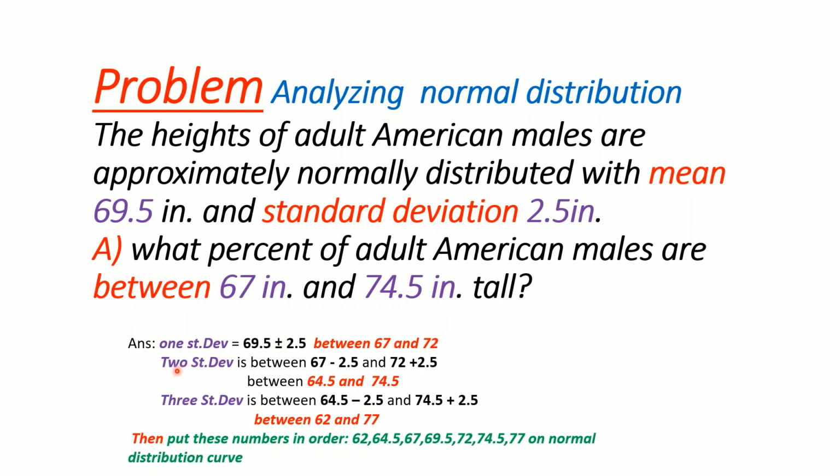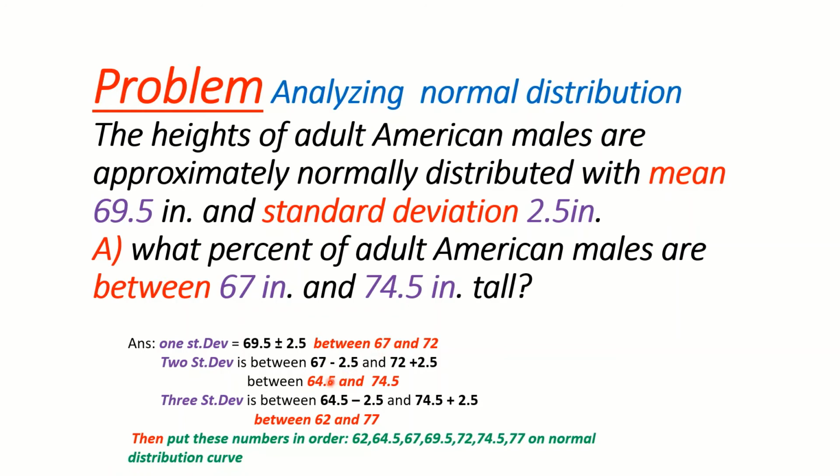Again, within two standard deviations, 67 minus 2.5 and 72 plus 2.5, because 67 is what we obtained from one standard deviation to the left of the mean.